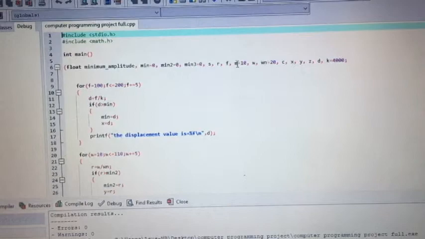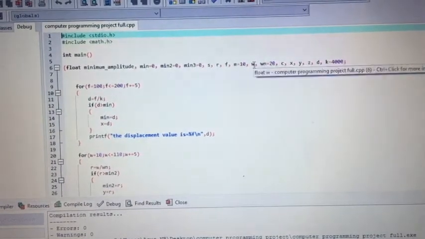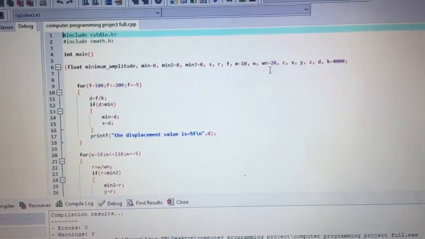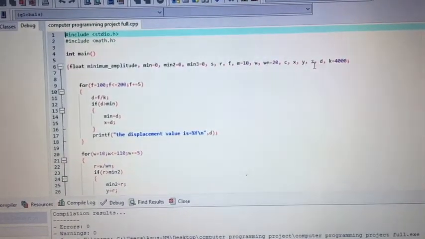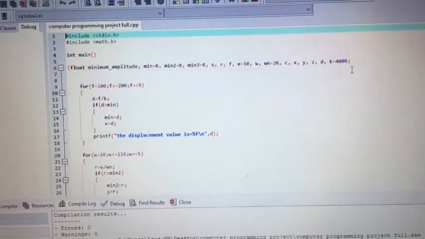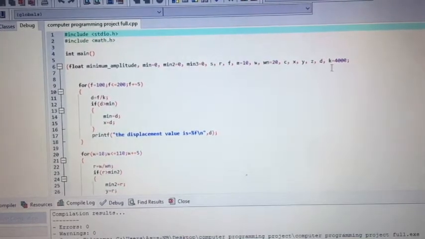I set m equals 10 kilogram, omega n equals 20 radian per second, c, x, y, z, d, and k equals 4,000 Newton.